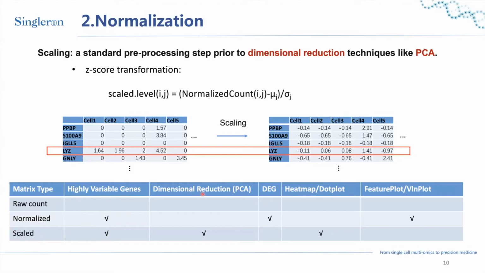For dimensionality reduction with PCA, you have to use the scaled data. For DEG analysis, we will usually use the normalized data. For visualization in heat maps and dot plots, we use the scaled data. As for feature plots or violin plots, we will use normalized data. And sometimes we could also use the raw count data for the visualization of these genes.